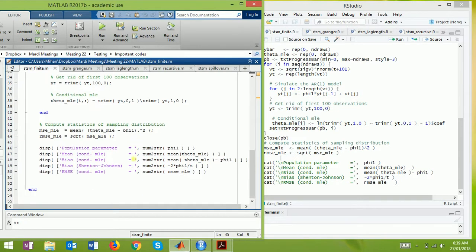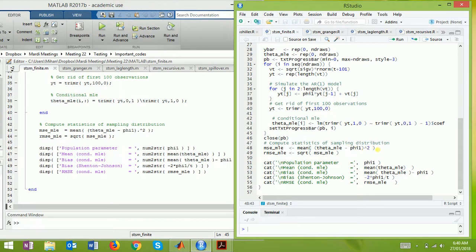So that is it. And then we compute statistics, which are the mean squared error and root mean squared error. Mean squared error is the mean of theta minus phi1, squared. Something we have just learned and should remember: our estimated parameter minus phi1, squared.